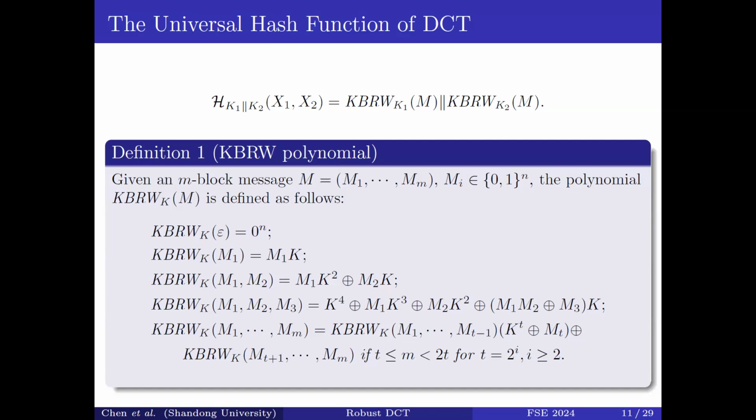We can find it's defined recursively: when the message length is less than or equal to 3, a specific expression is given. And there is also another parameter t, which is a partition of the message blocks. For the latter part of the messages, we use this to calculate, and for the other part, this.